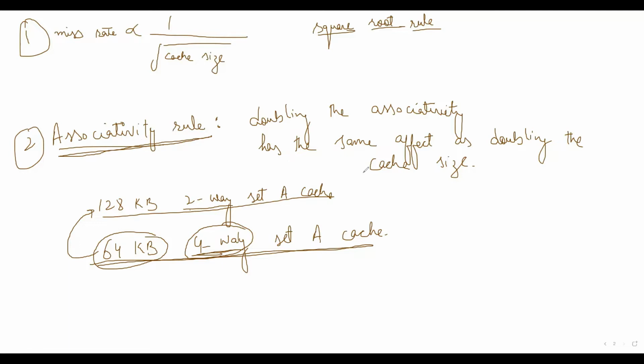Okay, so we will only discuss 1 or 2 techniques, but there are many other techniques to reduce the miss penalty, but those are out of scope of this particular lecture. So now let's discuss how we can decrease the miss penalty. I will only briefly discuss 1 or 2 techniques.